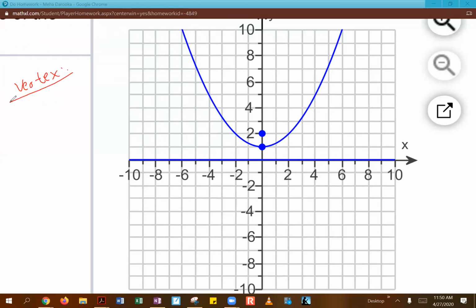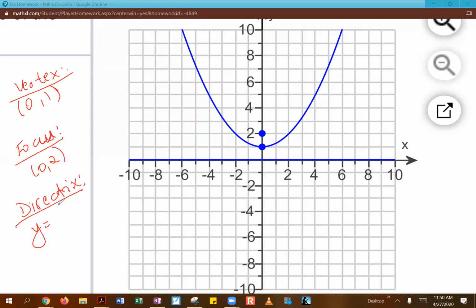0, 1. Alrighty, 0, 1. What will be the coordinates for the focus? 0, 2. Okay, very good. That should be focus, 0, 2. And now for the directrix, what would that equation for that horizontal line be?